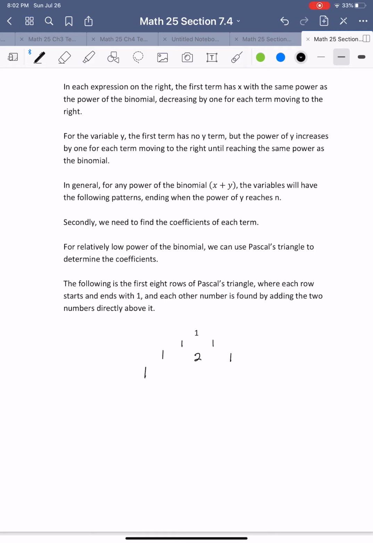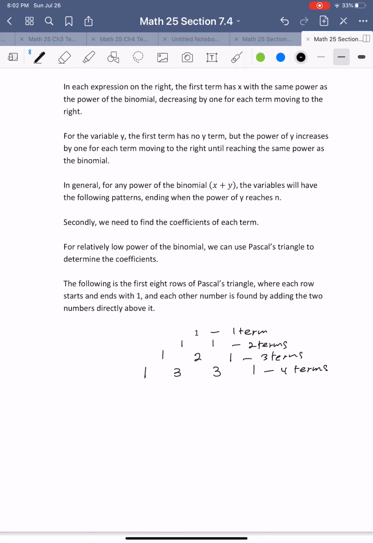Starting with the 1, then adding the 1 and 2, which is 3. And then adding the 2 and 1 to get 3. And then 1. So let's notice: 1 term, and this is 2 terms, and 3 terms, and then 4 terms.